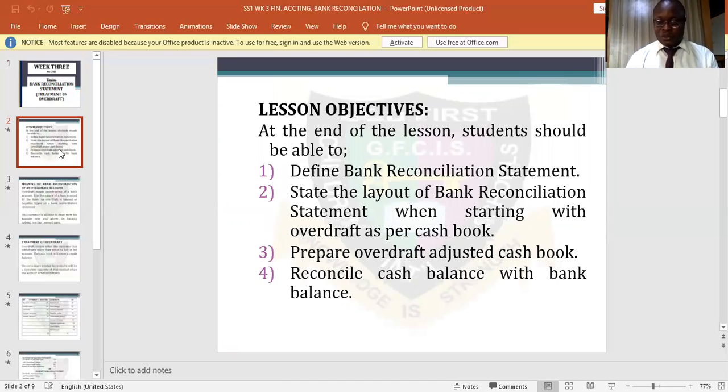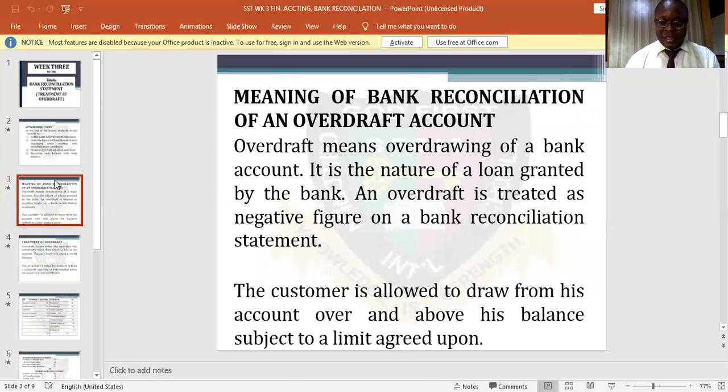At the end of the lesson, students should be able to define bank reconciliation statement, state the layout of bank reconciliation statement when starting with overdraft as per cash book, then prepare overdraft adjusted cash book, and lastly, reconcile cash book balance with bank balance. We are also going to prepare the bank reconciliation statement. So that is the lesson objective.